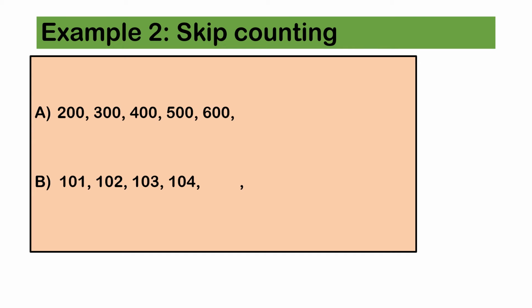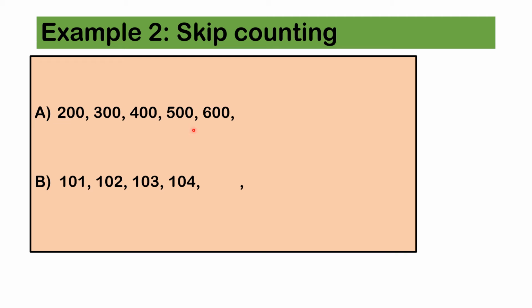Let's have a look at the second example, where we have skip counting. In example A, we want to find out what is the number after 600. Let's have a look at the number pattern first. We have 200 going to 300, and then 400, 500, and then 600.